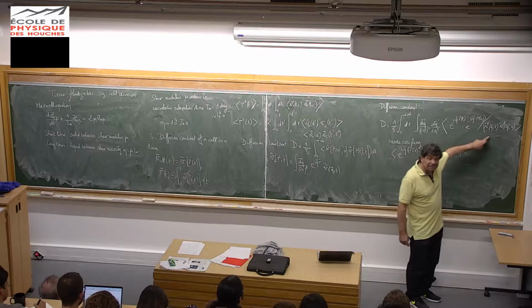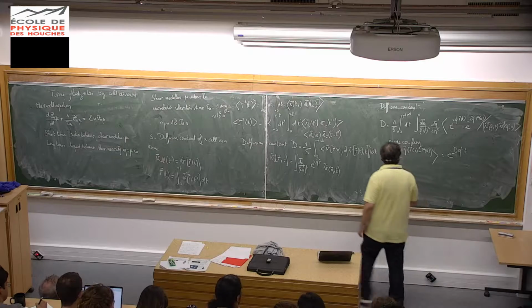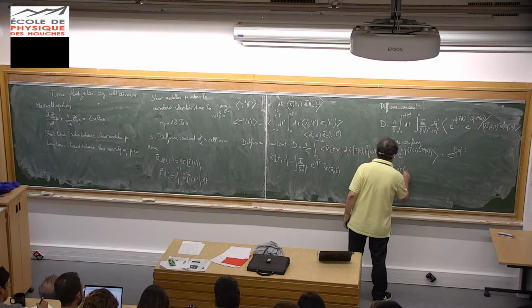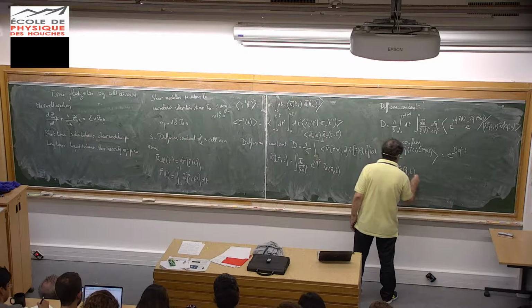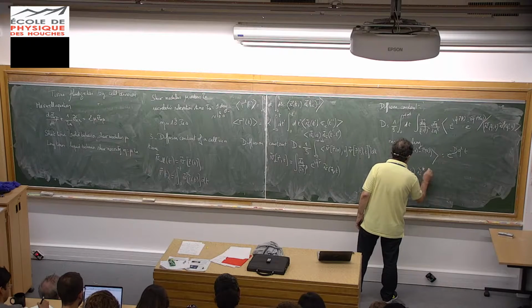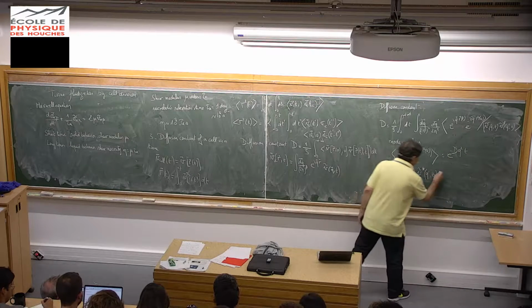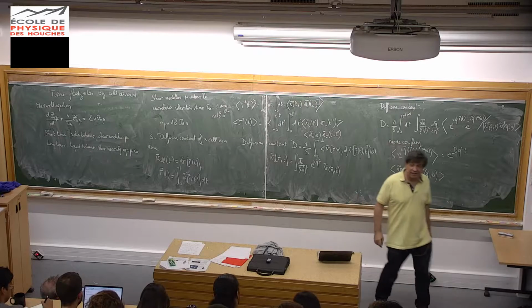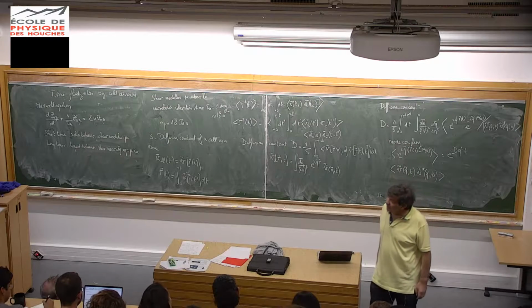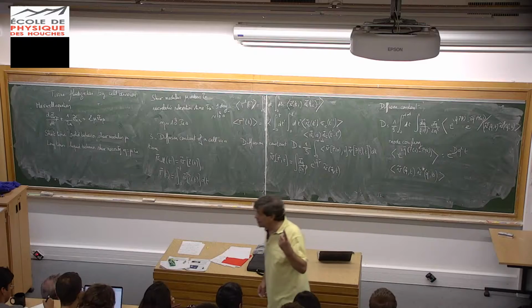Then I have this one. So I have to write the average of V tilde of q and t times V tilde star of q' and 0. So as I said, this has a delta function. So it's only non-zero if q is equal to q'.